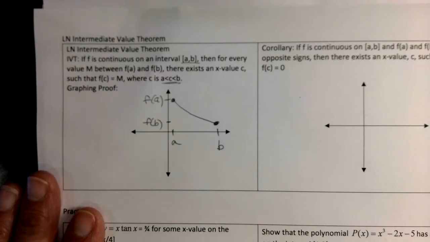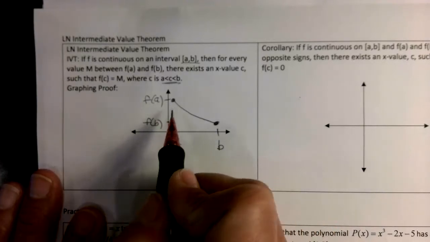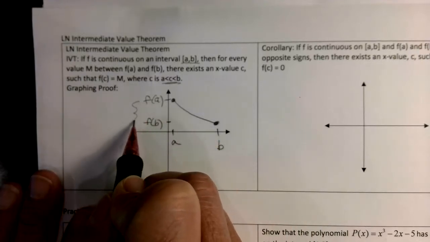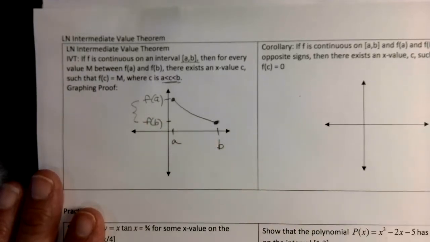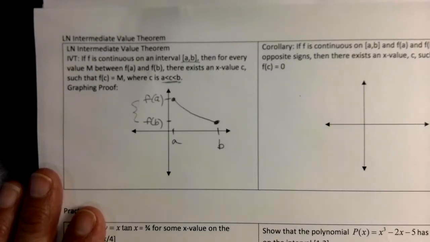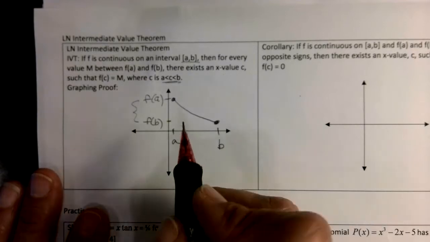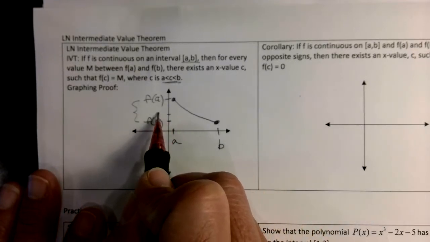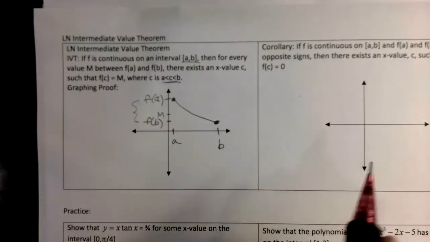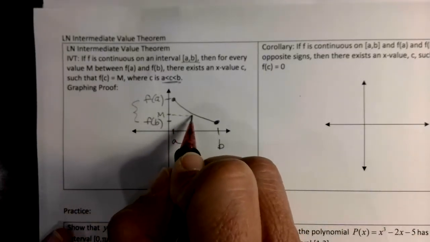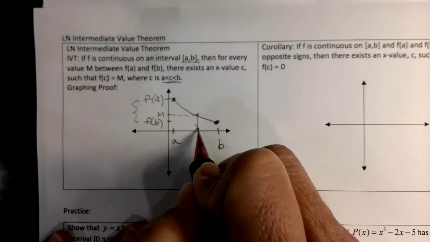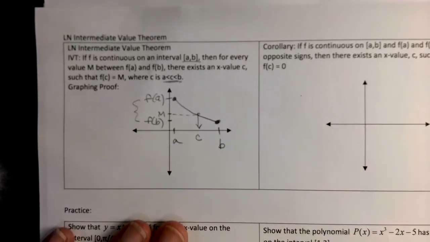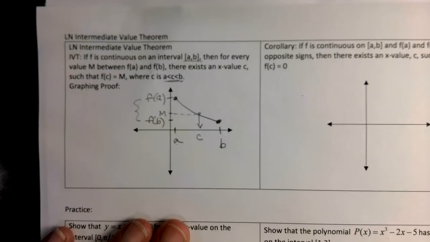But here's what the intermediate value theorem says: your function will take on every single value between f of a and f of b. And not only will your function take on every value between those two, so grab just some arbitrary number in there, m, but it will do it at an x value that's also between a and b.